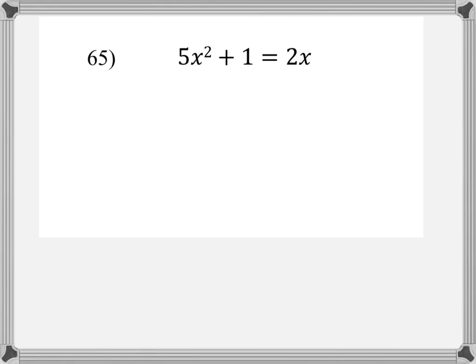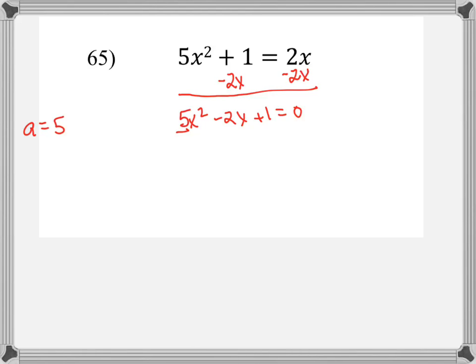Okay, let's look at our last example. 5x squared plus 1 equals 2x. Going to put this in standard form by subtracting 2x from both sides. 5x squared minus 2x plus 1 equals 0. a is 5. b is negative 2. c is 1.